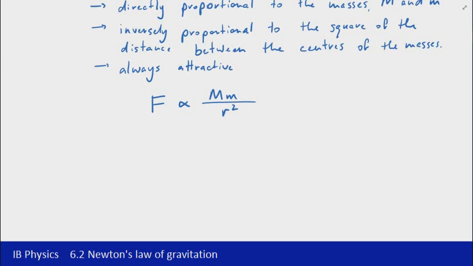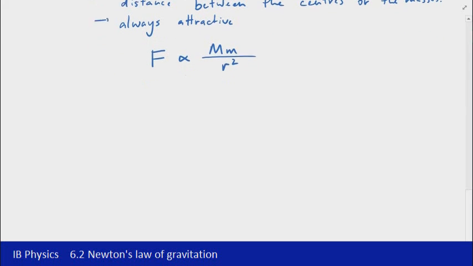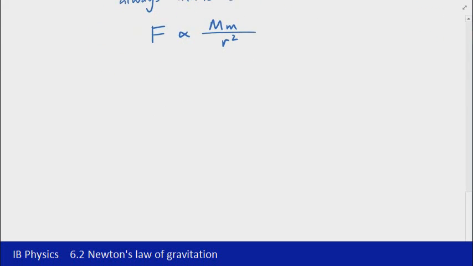A radius is a distance, it just happens to be the distance relating to a circle, but ultimately you could use d or r there, it doesn't really matter either way. If we then turn that into an equation, we need to incorporate a constant of proportionality, and so the equation that we get, being Newton's law of gravitation, is F = GMm/r².